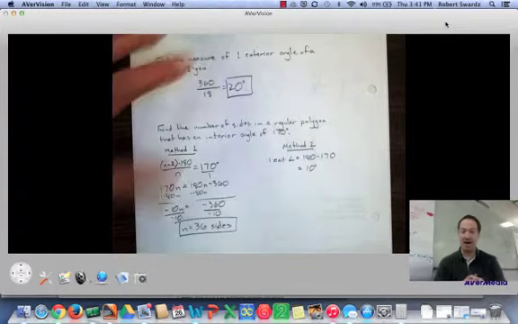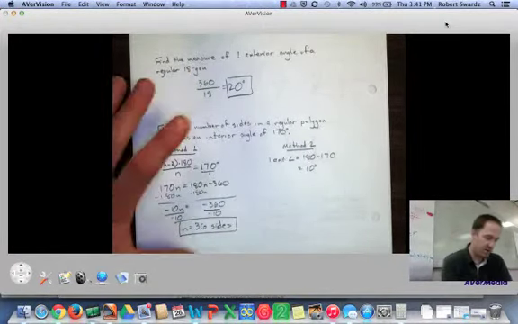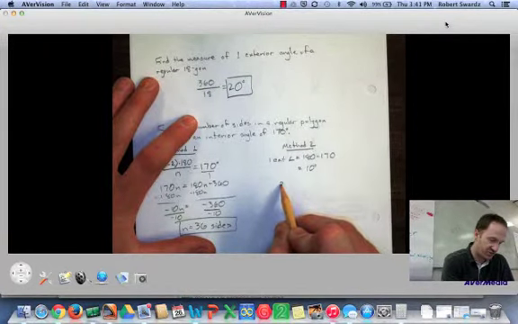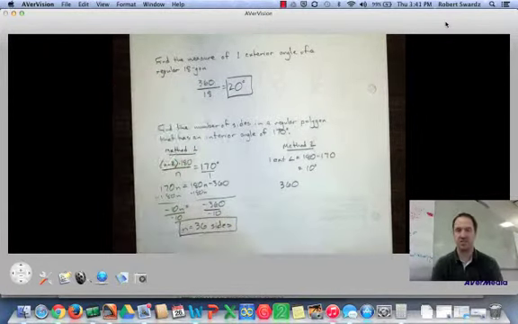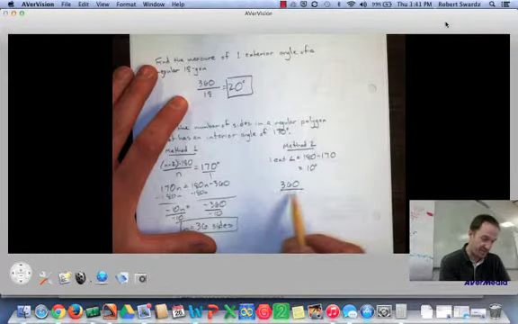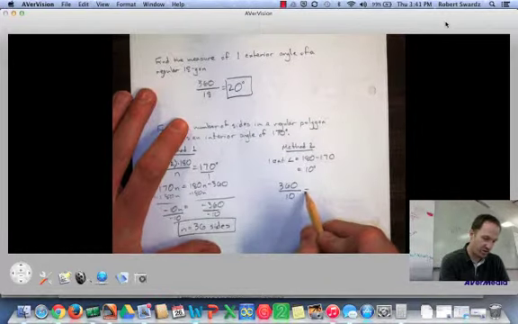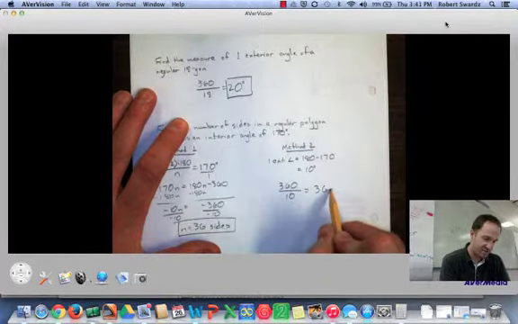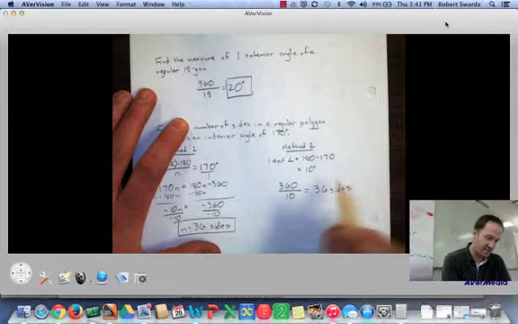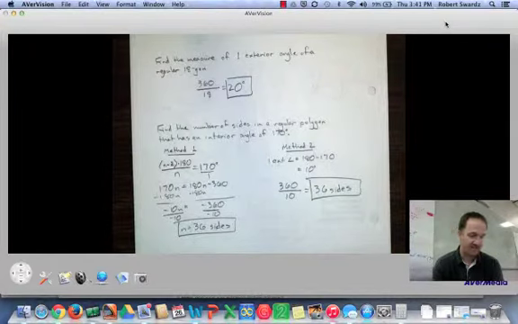Now, no matter how many of those exterior angles there are, no matter how many sides there are, those exterior angles always add up to 360 degrees. And we just figured out that each of them is 10 degrees. So if we divide those, we will get the number of sides. And that is another way to do that same problem, if you know that an interior angle and an exterior angle have to add up to 180.